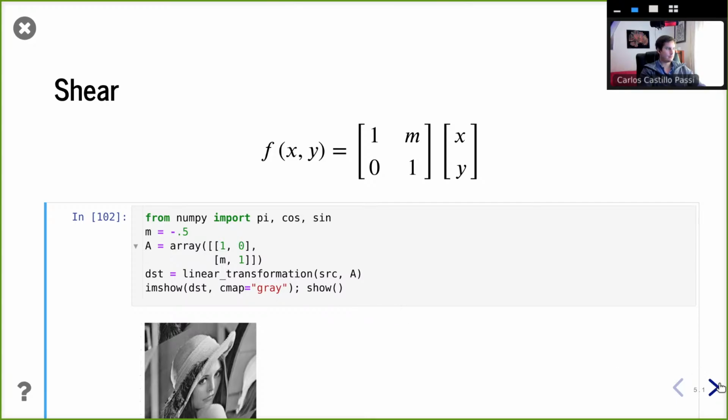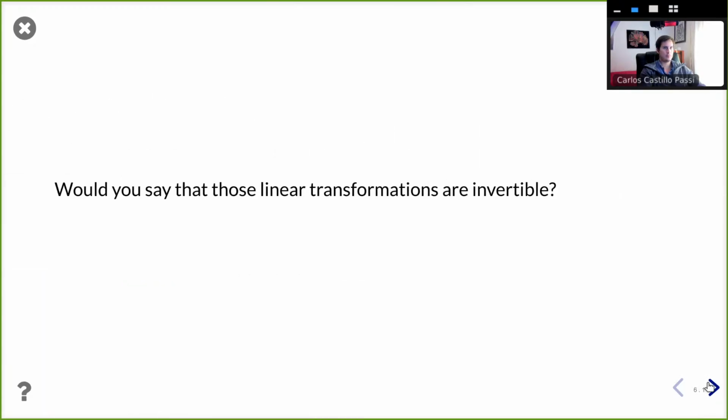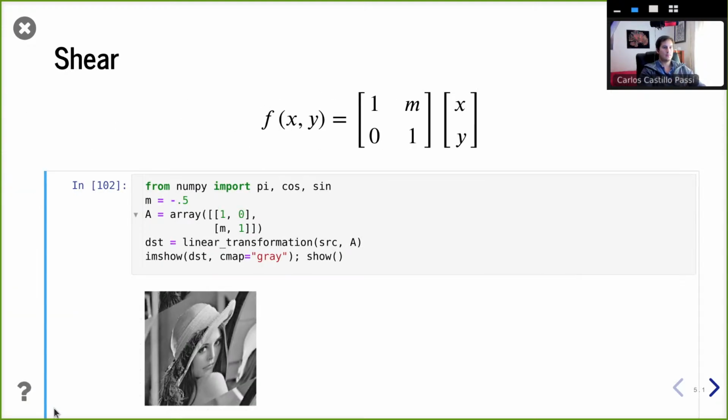Okay, so let's continue. I have a question for you now. Would you say those linear transformations are invertible? Another way of asking this is that if I give you this image, could you retrieve the original image?